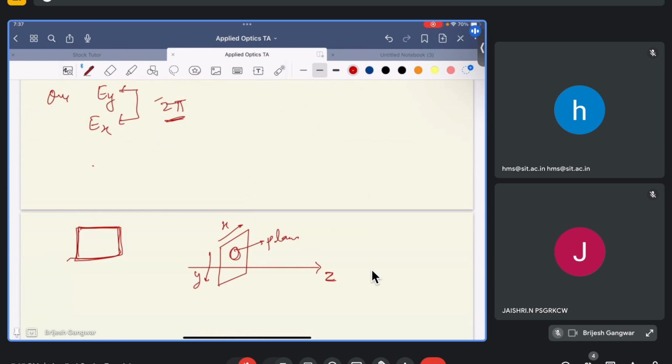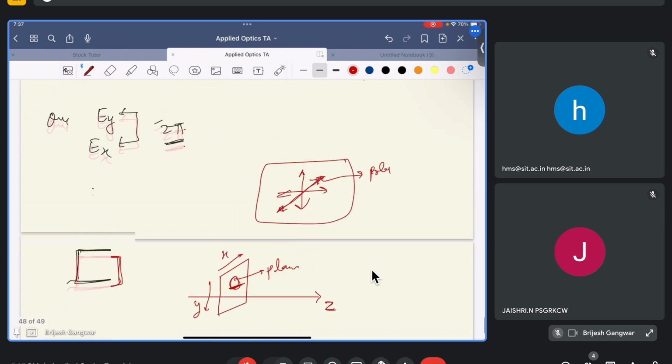So the vibration will be only in this plane. If this is your plane, the vibration will be in this direction or this direction. Only one direction of vibration is allowed in polarized light.